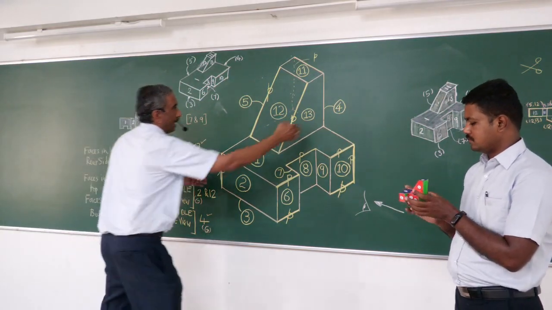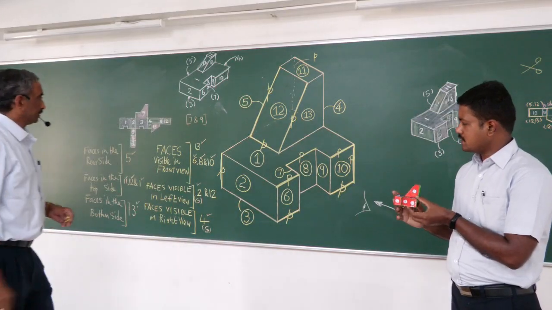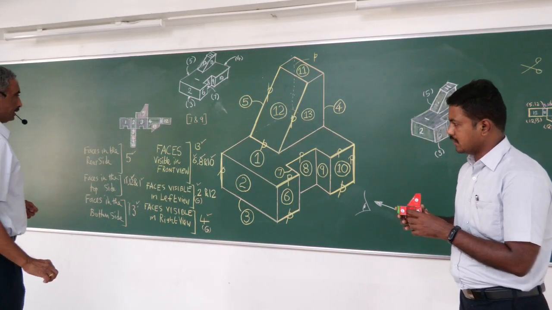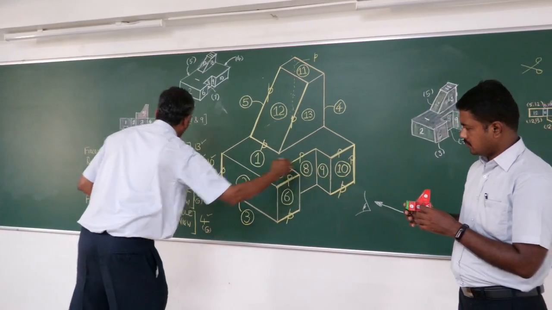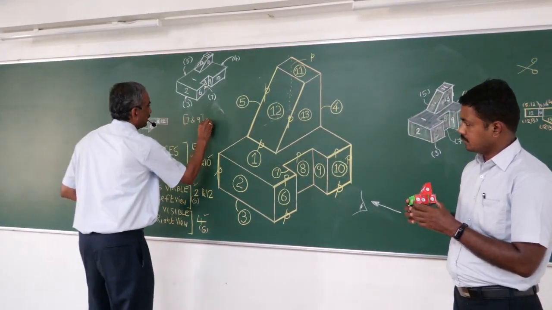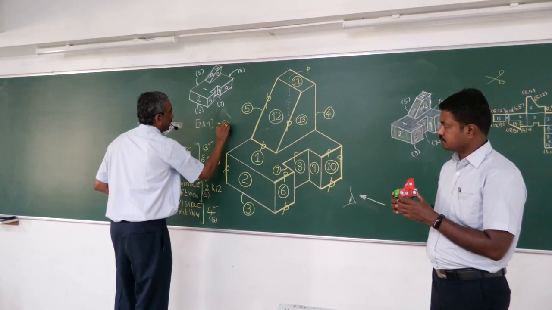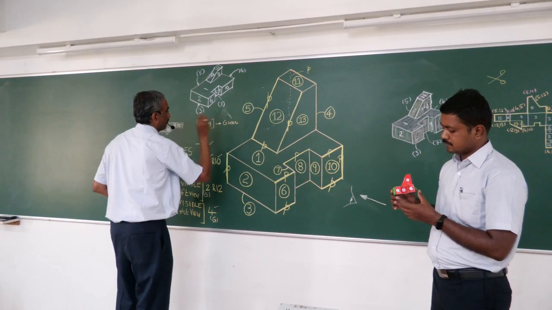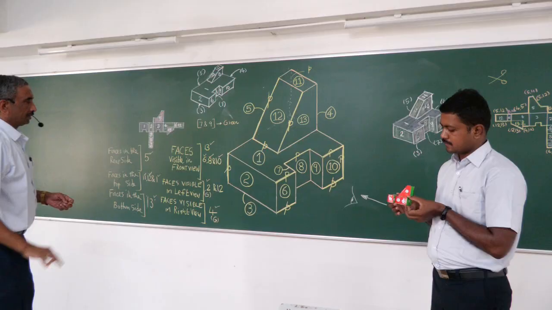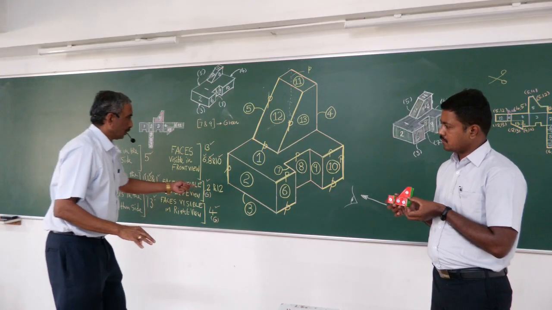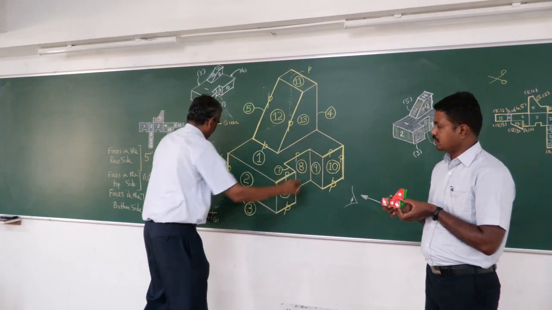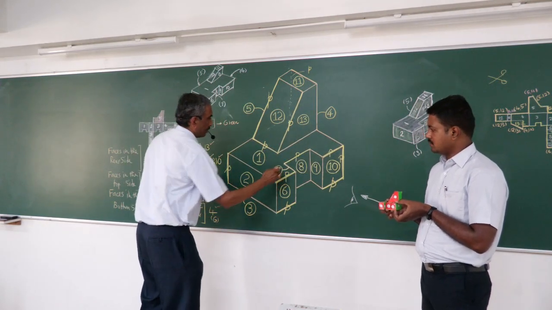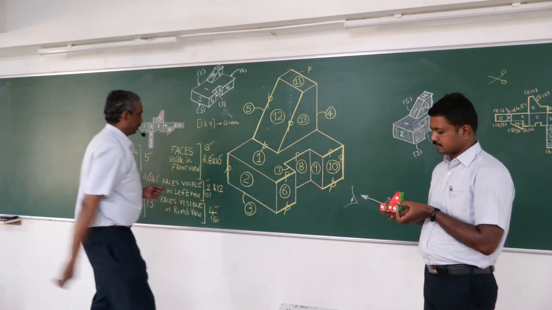So 2 and 4 are green color. 7 as well as 9, this face and this face, are also in green color. So green color faces are 2, 4, 7 and 9. Very good, sir.